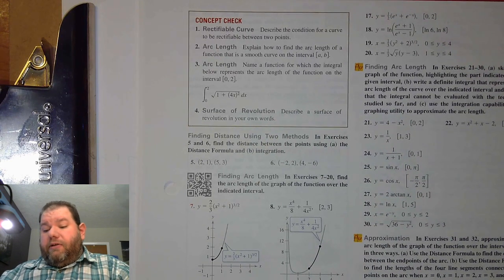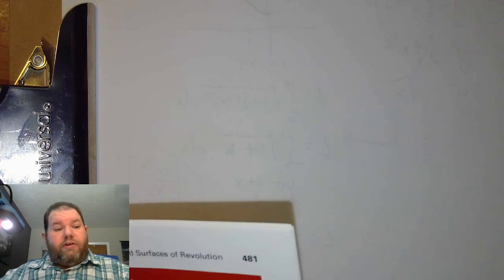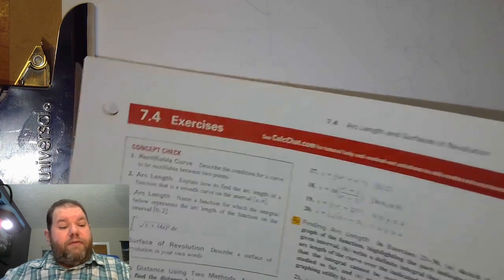All right. So let's talk about this other half of section 7.4 today, which is on the area of a surface of revolution.